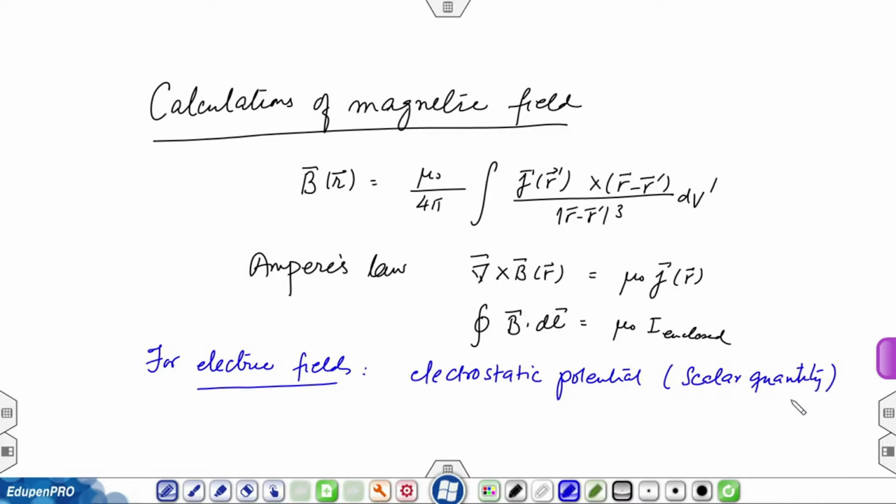And therefore, if we calculated the electrostatic potential and then took the gradient of it, it gave me the electric field. The calculation of potential was much easier. So, the question that we are going to ask now is, can we define a potential for magnetic field also? And that is what we are going to discuss in this lecture.